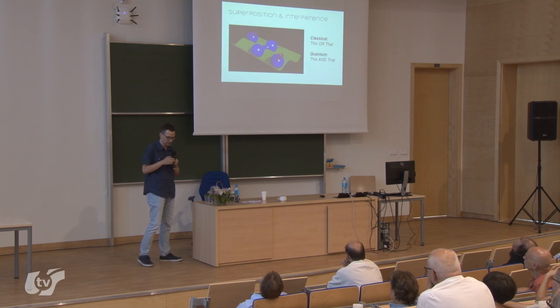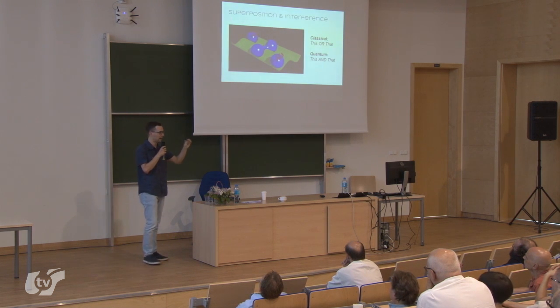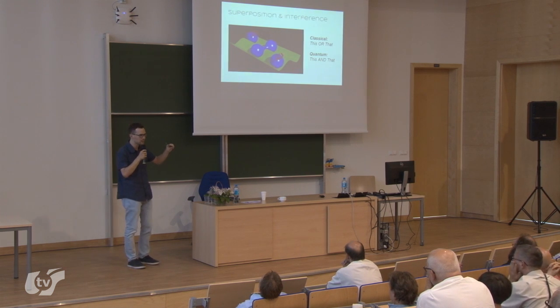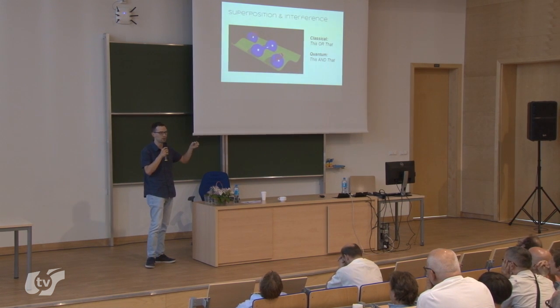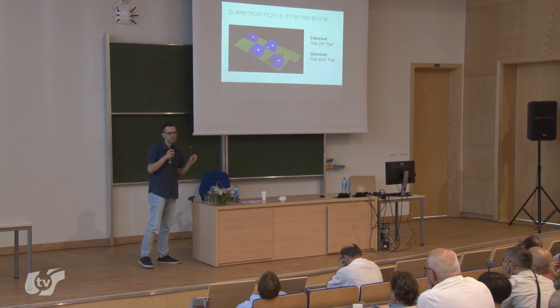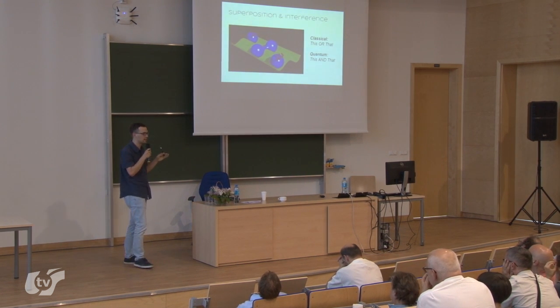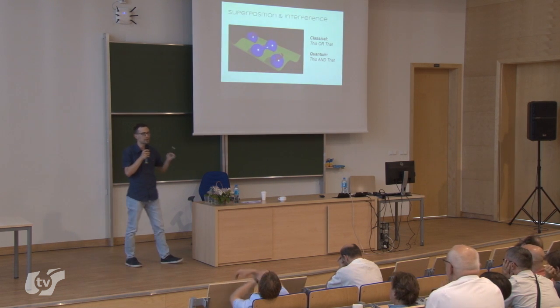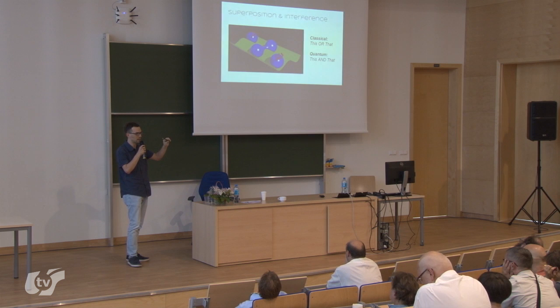A phase can be represented by this pen. I use this pen to show you what the phase is. A phase is just an arrow. It shows some direction. It is not a direction in our real three-dimensional physical space, but in some abstract space, and it is just a direction.